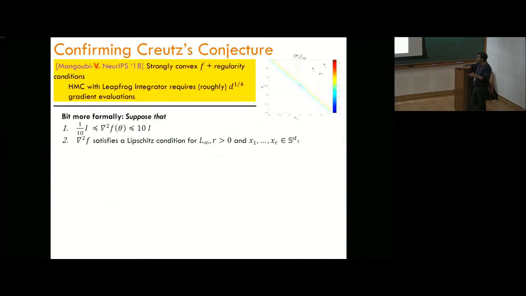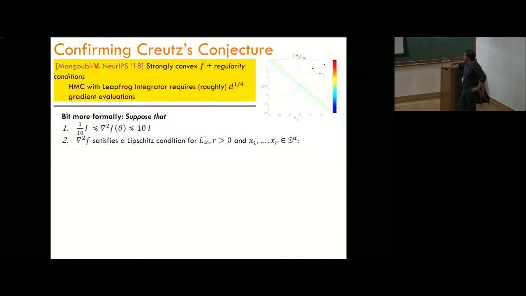And the regularity conditions that we have are the following. It looks a bit strange, and so I'll give you an example. The conditions say that there are some directions, x1 to xr. These are some directions, not necessarily orthogonal, in unit vectors. So this is the unit sphere.